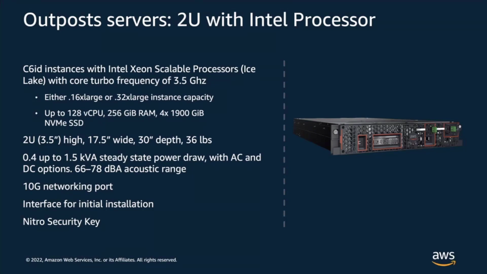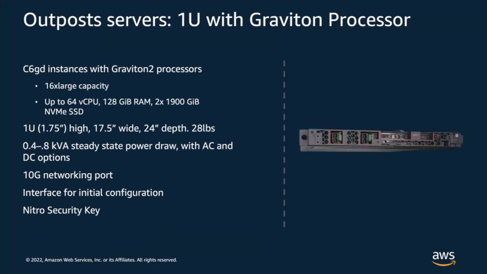And the Nitro security key, I'll mention that a little bit more in a minute because both units have that. The other unit is the 1U and is the Graviton 2 based. This unit also has the dual 10 gig networking and the same interface for configuration and the same Nitro security key.